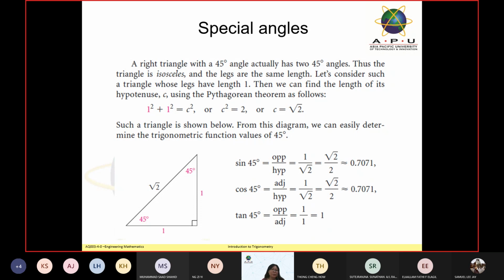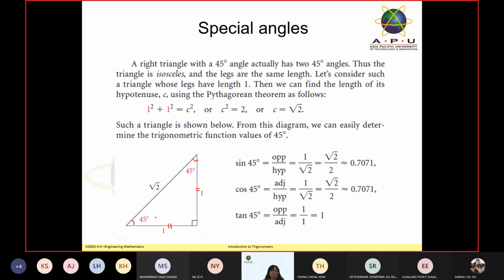Can you see this is an isosceles triangle because they have two sides which are the same. Can you see the values of 1 and 1? And when these two sides are the same, then with the 90 degree here, the other two angles must be the same. So which is 45 and 45.